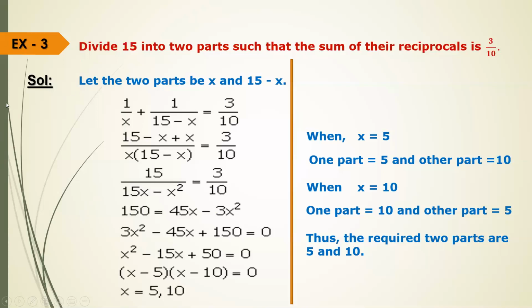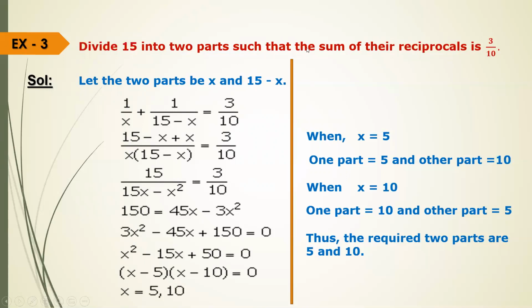This question is: divide 15 into two parts such that the sum of their reciprocals is 3 by 10. Here the sum of the numbers is 15. If I am taking the first number as x, the second will be 15 minus x.